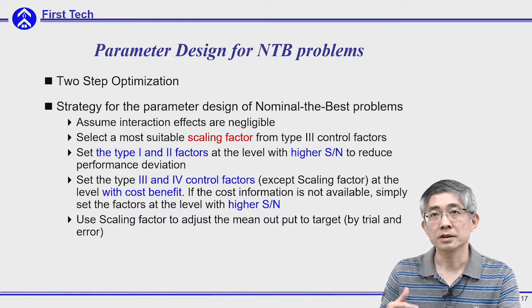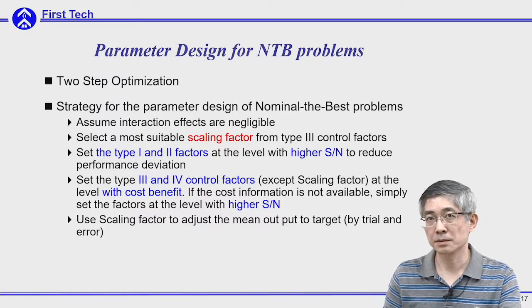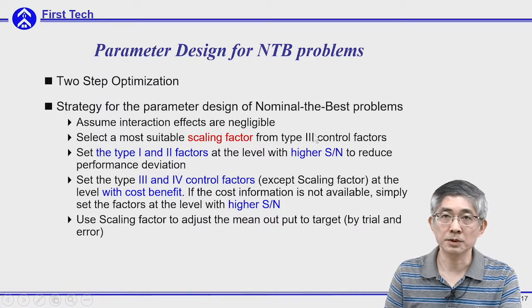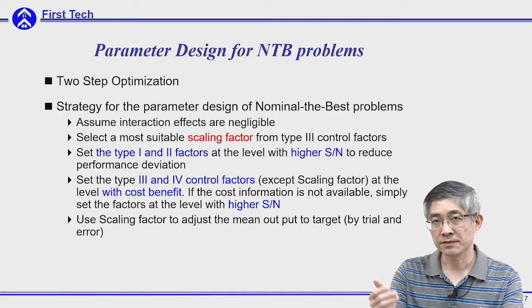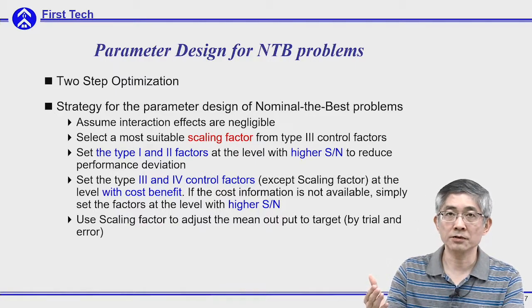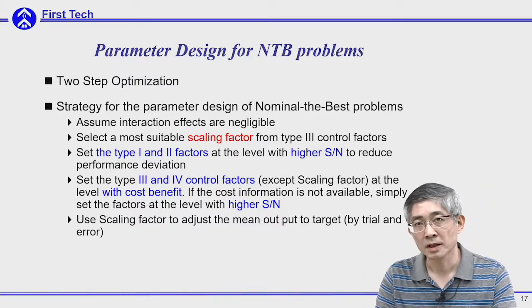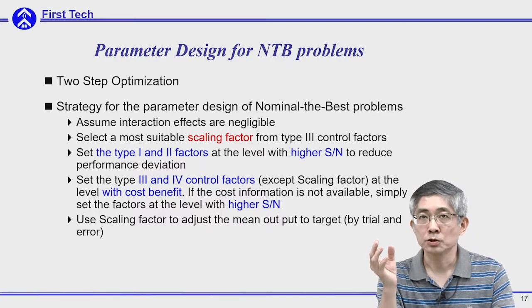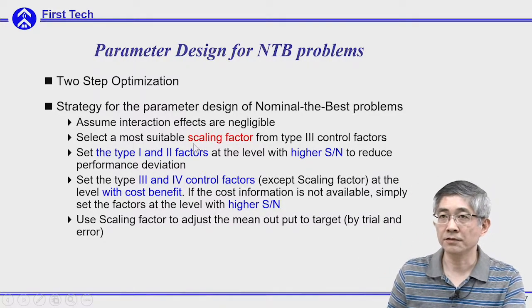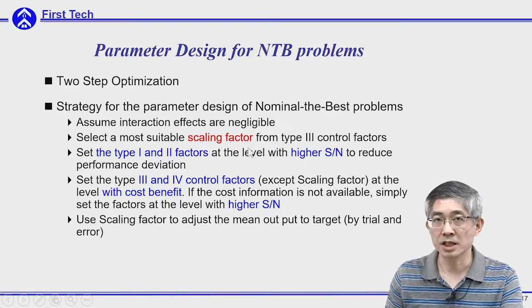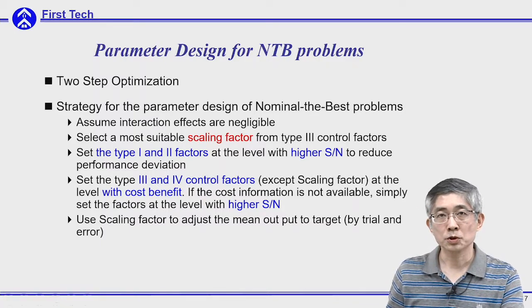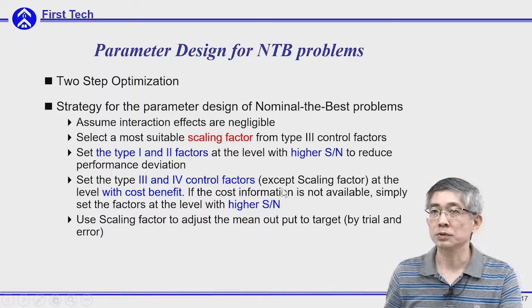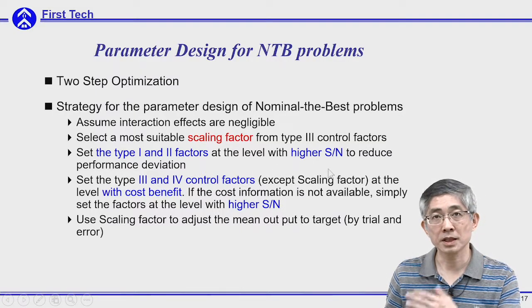So in summary, the two-stage optimization follows this process. First, we assume the interaction effects are negligible, so we can determine the best level for each control factor. Then we classify our control factors according to their influence on mean output and SN ratio. From the type 3 control factors, we select a scaling factor, which will be used in the second stage optimization. Since type 1 and type 2 control factors have influence on SN, we shall select the level where SN will be higher.